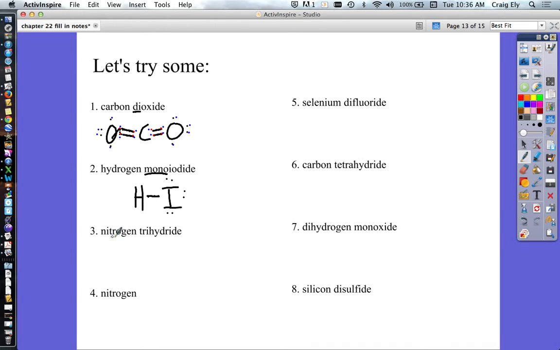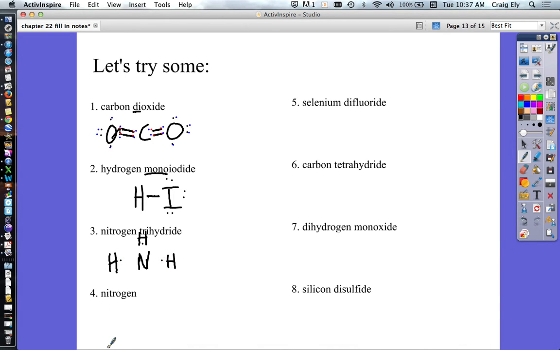Let's try nitrogen trihydride. Since I have 1 nitrogen and 3 hydrogens, I'm going to put a hydrogen here, here, and here. Now, I would start with the hydrogens because I know hydrogen only has 1 valence electron. So I'm going to do 1, 2, 3 hydrogens, 1 electron for each one.